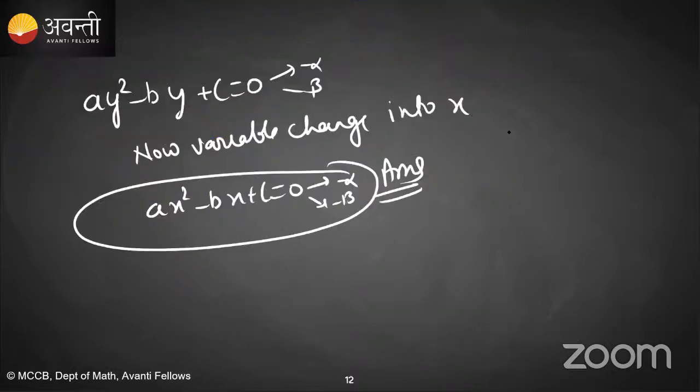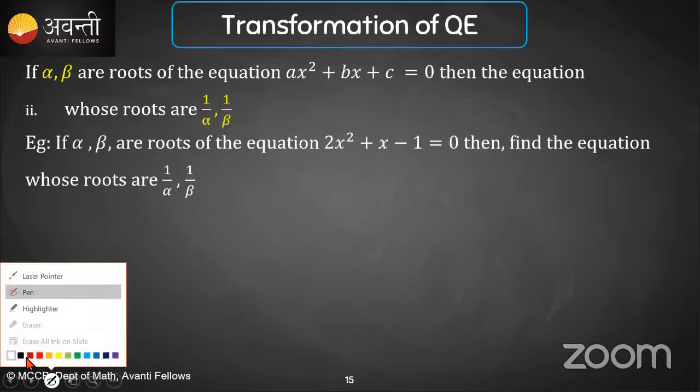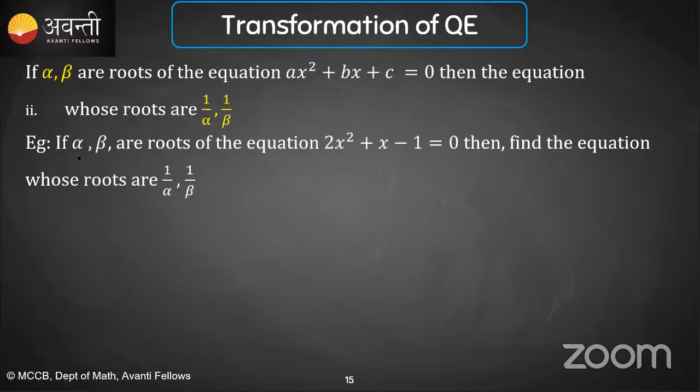Okay, if it is clear, then let's move on to the next question. Now the second part is saying that if alpha, beta are the roots of the same quadratic equation, find the required quadratic equation whose roots are 1 upon alpha, 1 upon beta, right?